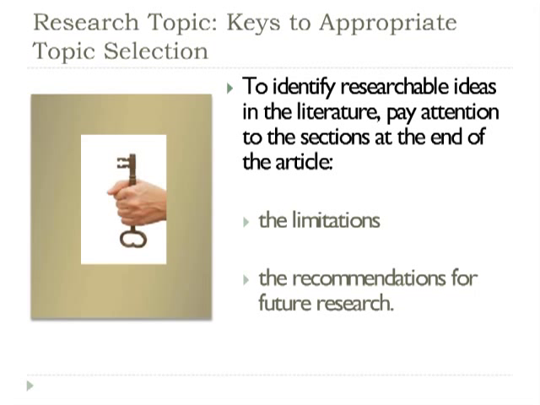Specifically, I'm talking about the limitations and the recommendations for future research section. Read the limitations section and ask yourself, can I modify this study to minimize or eliminate these limitations? Or perhaps there's a suggestion in the future research section or a suggestion to extend the study that interests you. Perhaps it's a study that you could actually conduct. So there's your researchable idea, your researchable question.